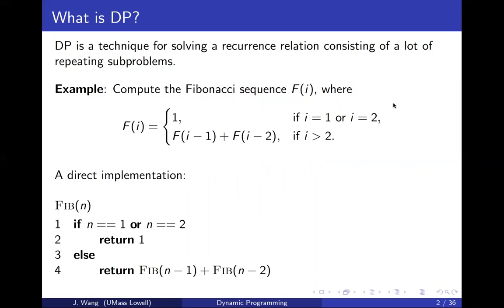So the example we're going to look at is the Fibonacci sequence f of i. By definition, when i is equal to 1 or 2, f of i is 1. Otherwise, f of i is equal to f of i minus 1 plus f of i minus 2.